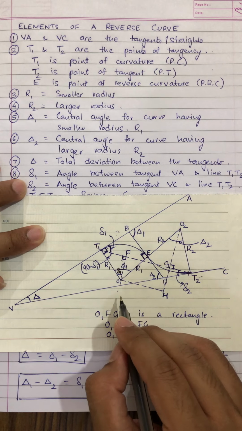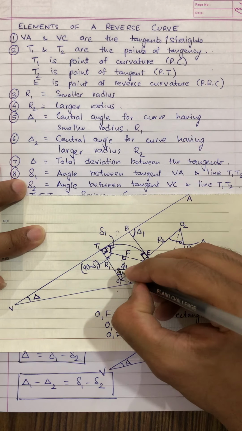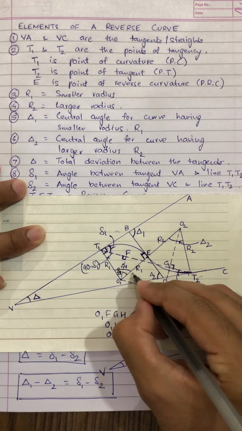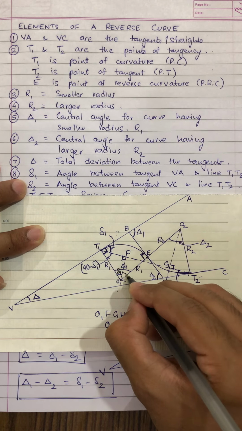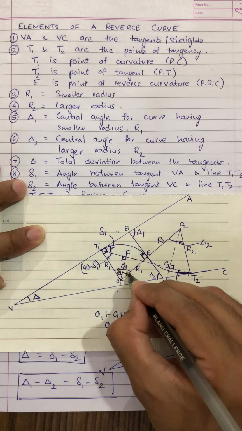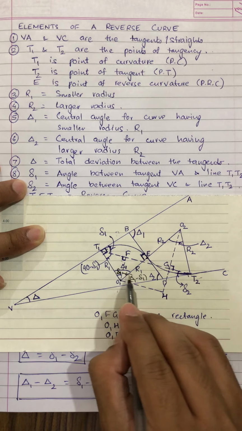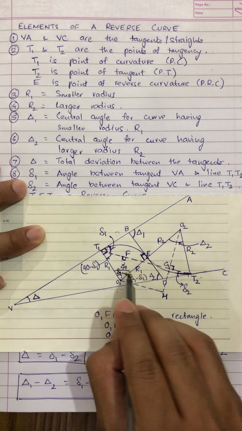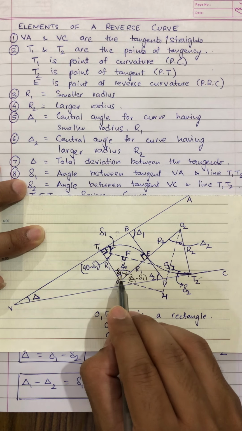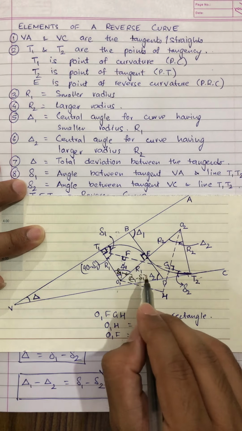So if this is del 1, then definitely this angle should be equal to delta 1 minus del 1, because the total angle is delta 1.